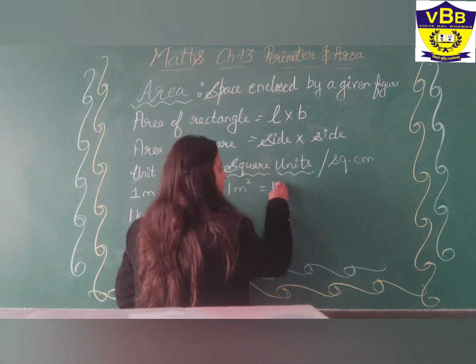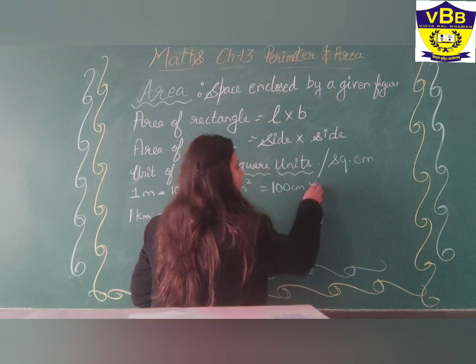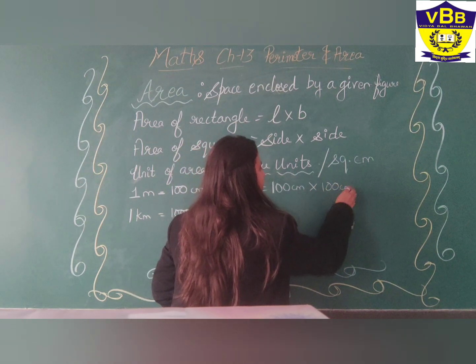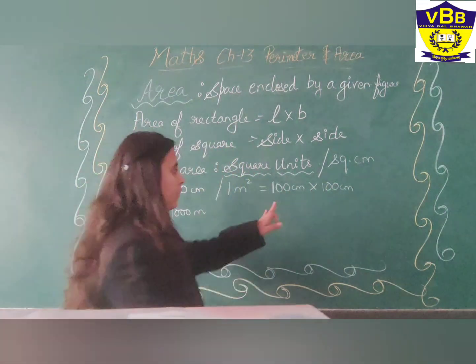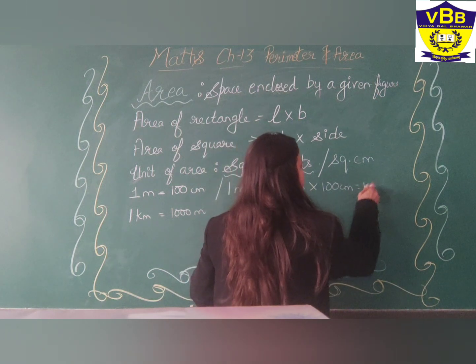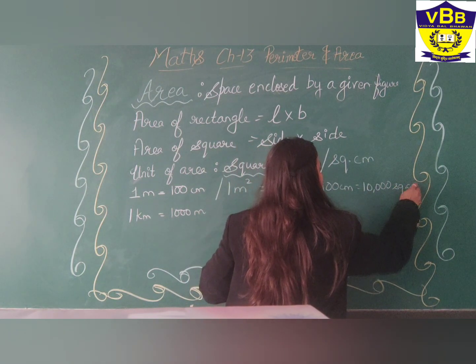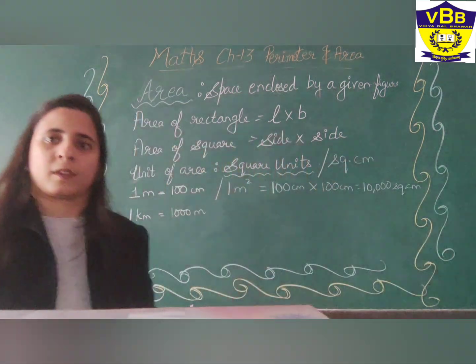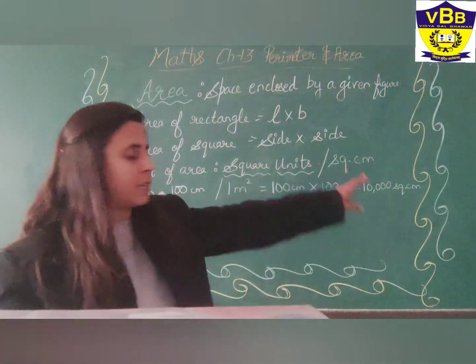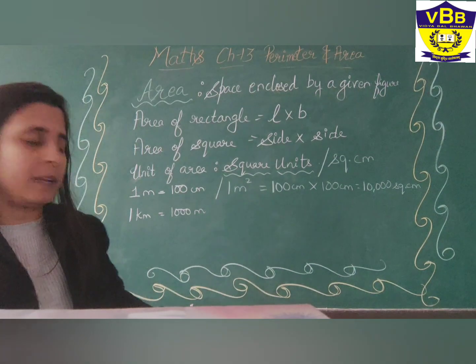So that becomes 100 centimeter into 100 centimeter, and 100 into 100 is 10,000 square centimeter.